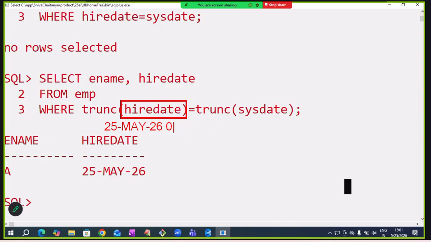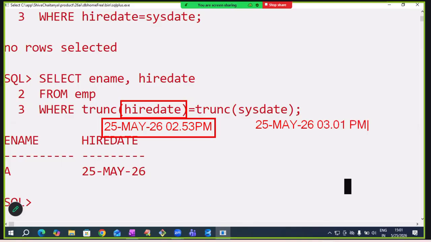Let me correct this: 2:53 p.m. So this is the hire date value. We are comparing this at 3:01, sir. 25th May 2026, and now the time is 3:01. This is the actual sysdate value now. In the hire date in the EMP table, we inserted the record at 2:53. Now the sysdate value is 3:01. At 3:01 we are comparing.